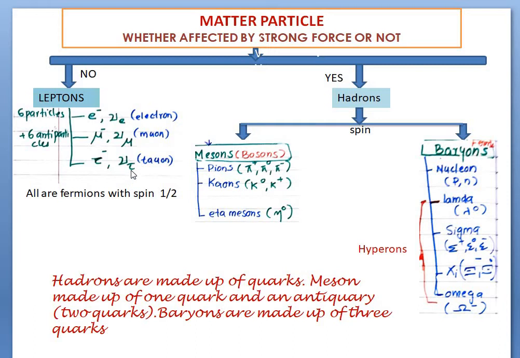So if the particle is a neutrino, its antiparticle is called an anti-neutrino. So neutrino and anti-neutrino are particle and antiparticle. Okay, so this is closed. Only 6 members. No addition is possible in the case of leptons.